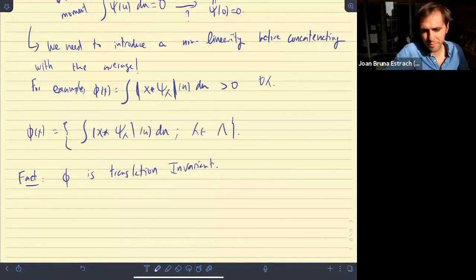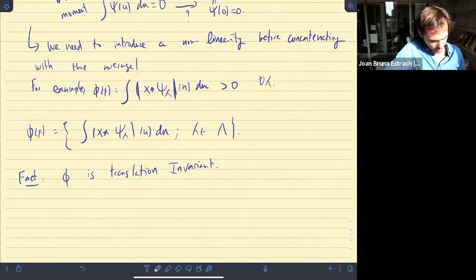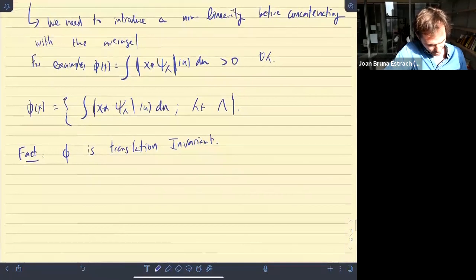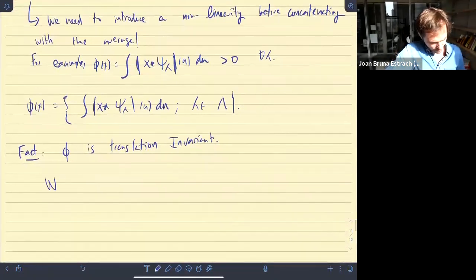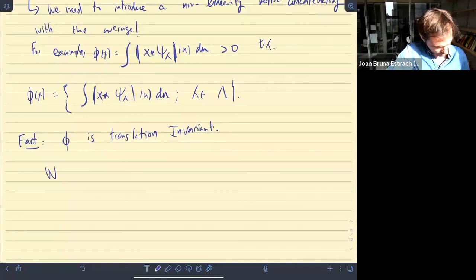Why is that? Well, because we know that this operation W is equivalent to translation.